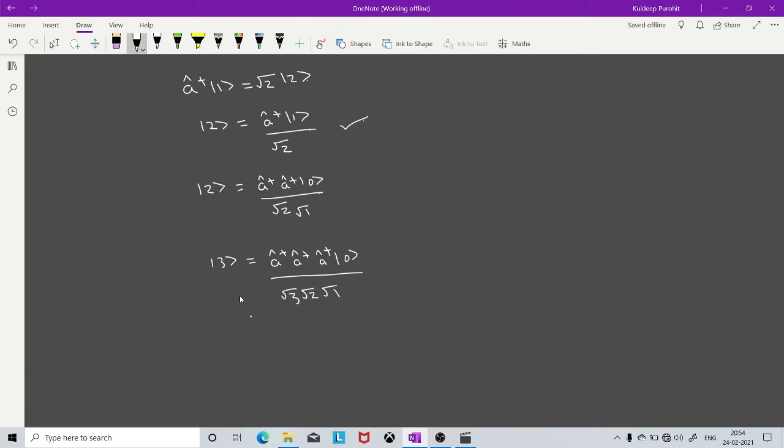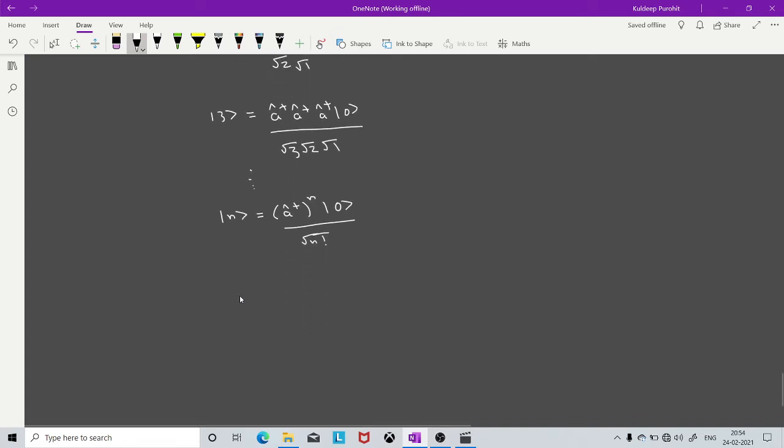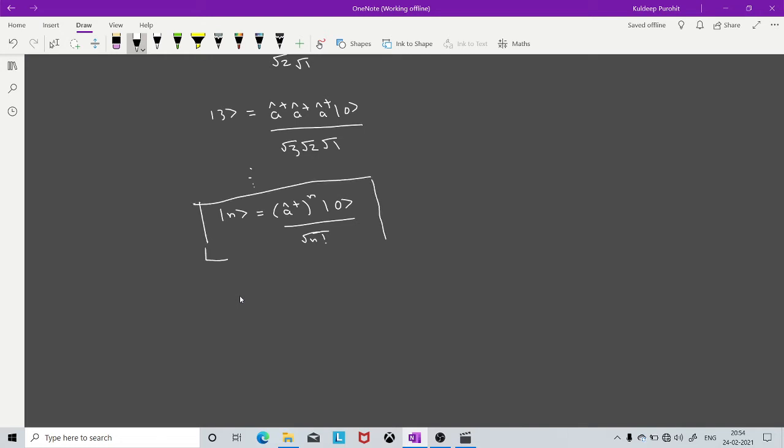Similarly, I can write for the nth state: a† raised to n into |0> divided by under root of n factorial. Okay, so this is also a very important expression in quantum harmonic oscillator algebra: |n> is equal to (a†)^n |0> divided by root of n factorial.